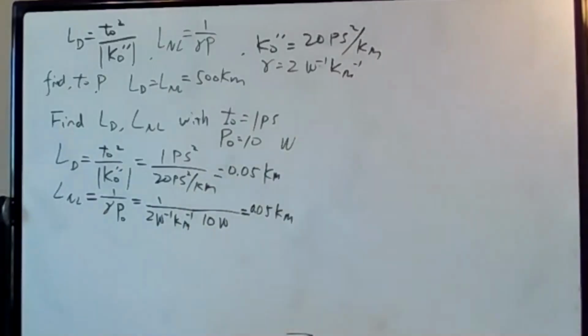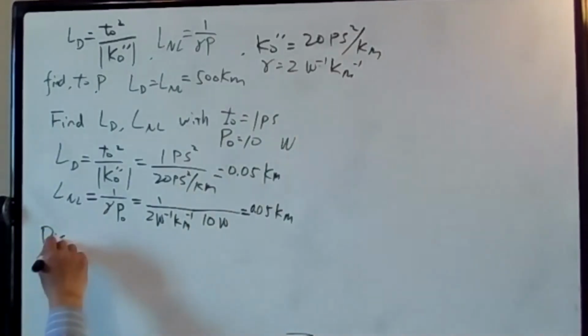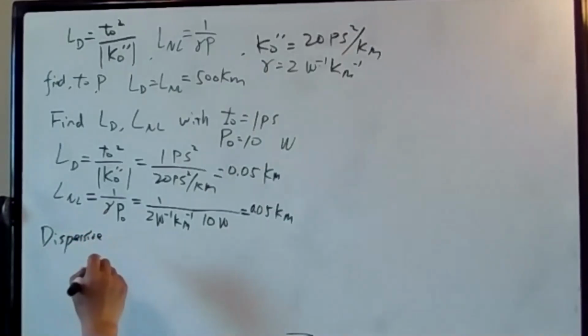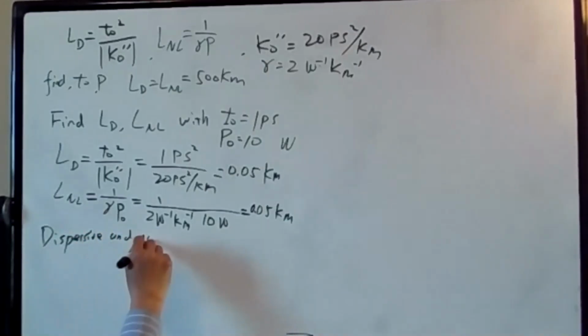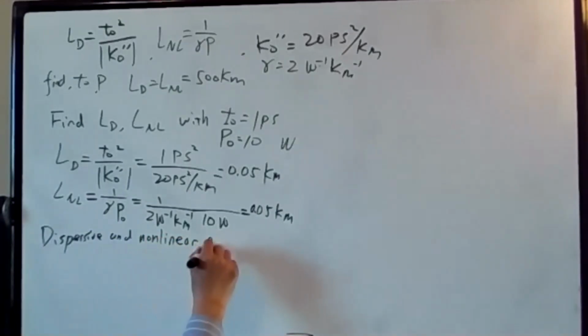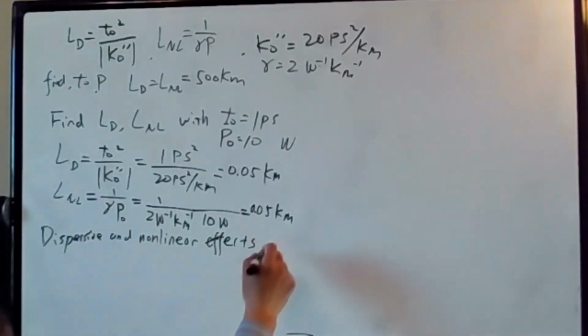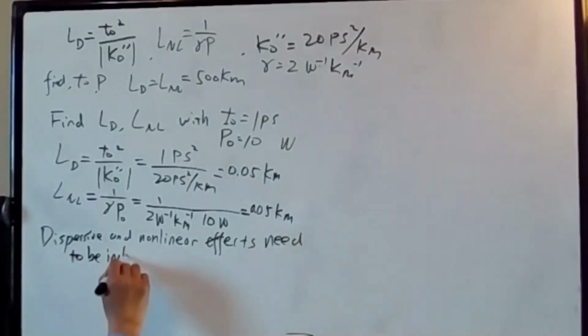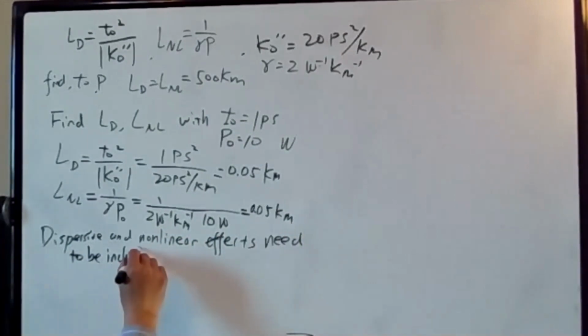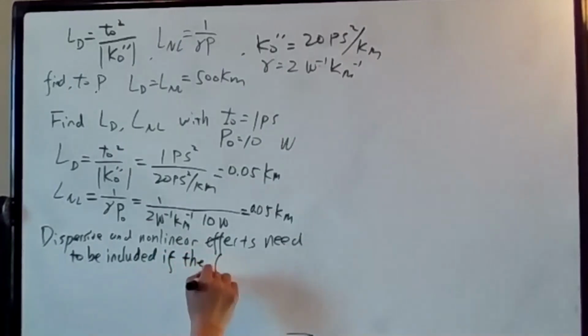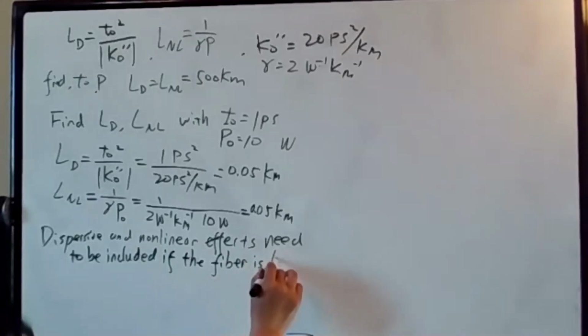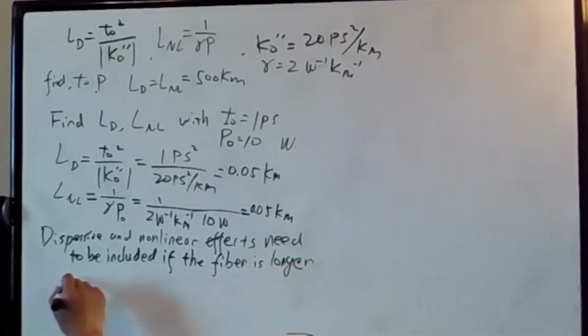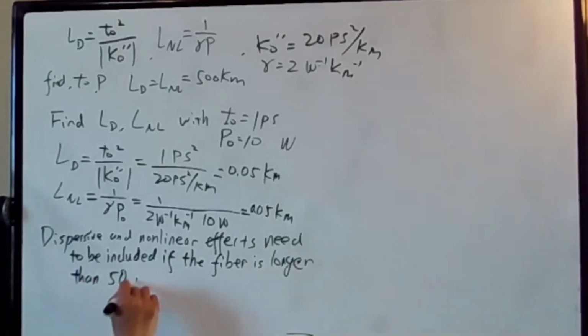In this case, dispersive and nonlinear effects need to be included if the fiber is longer than 50 meters.